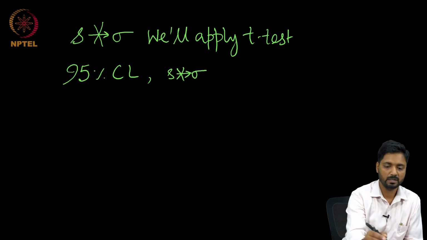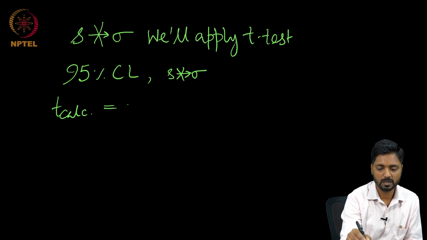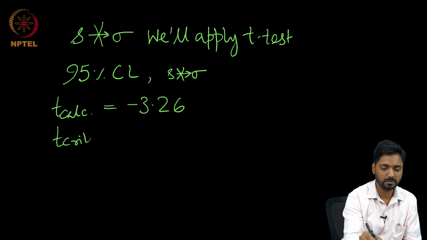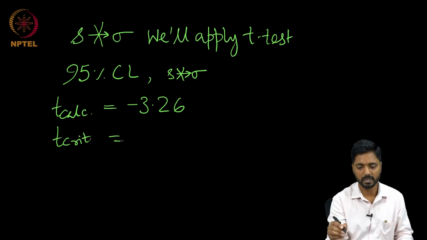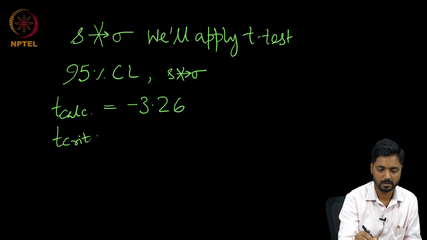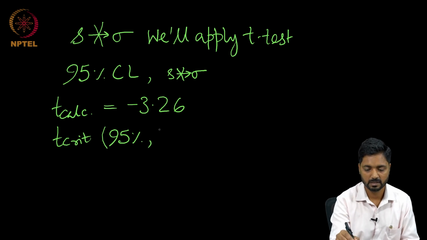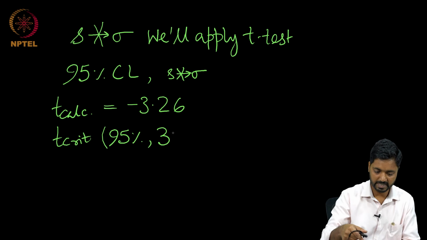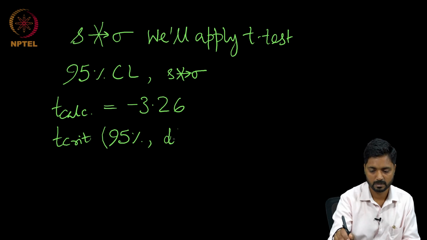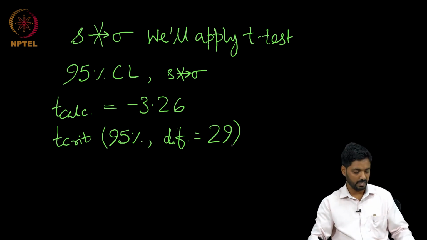In that case, our T calculated would be still minus 3.26, but the T critical value would take into account the confidence level as well as the number of readings in terms of the degrees of freedom. And the degrees of freedom now is 29.